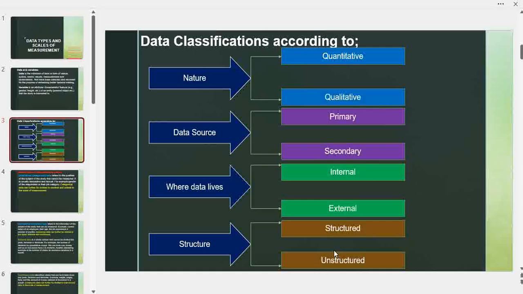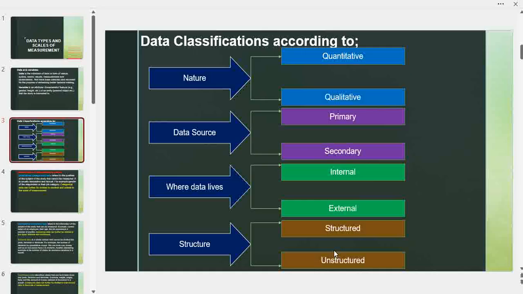We again classify data according to where data lives. We have internal data, the data that lives within the organization's database, data warehouse, or data lakes. And if data lives outside of our organization, we have it as external data.